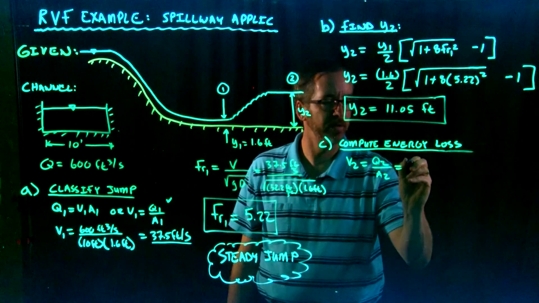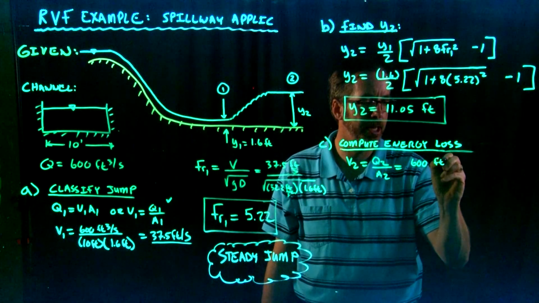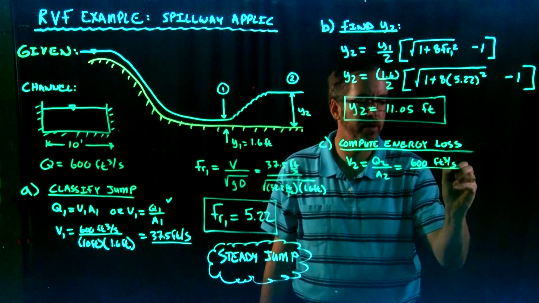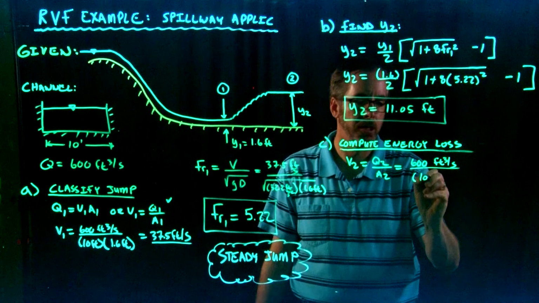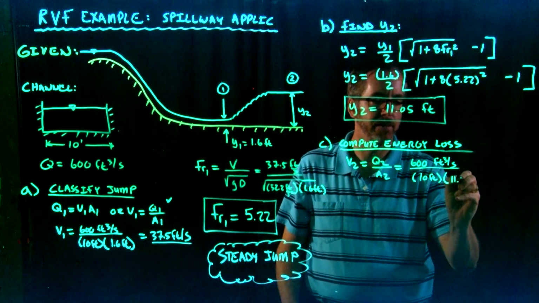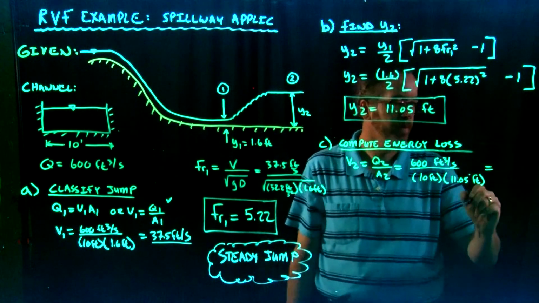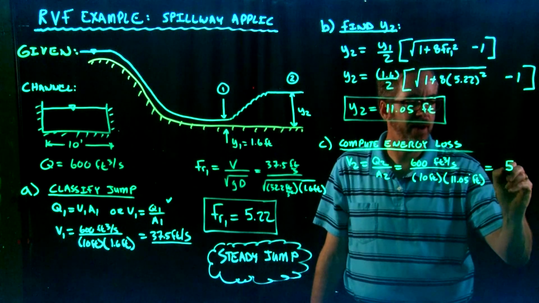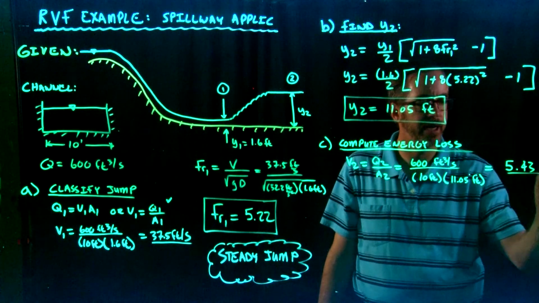Again, Q2 is the same flow, assuming we don't have any water spilling over the side of the spillway, which would be 600 cubic feet per second. It's a 10-foot wide channel, and our depth at point 2 we just calculated to be 11.05 feet. So this gives me a velocity of 5.43 feet per second, which we need.